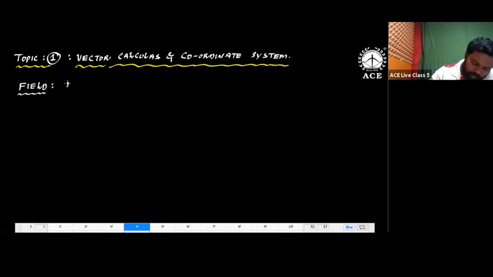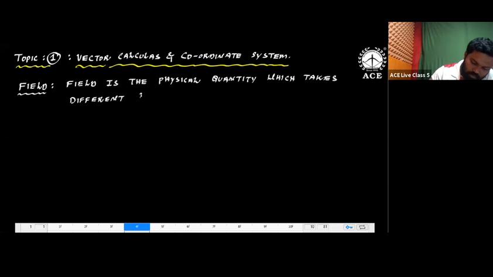Field is a physical quantity which takes different values at different locations.